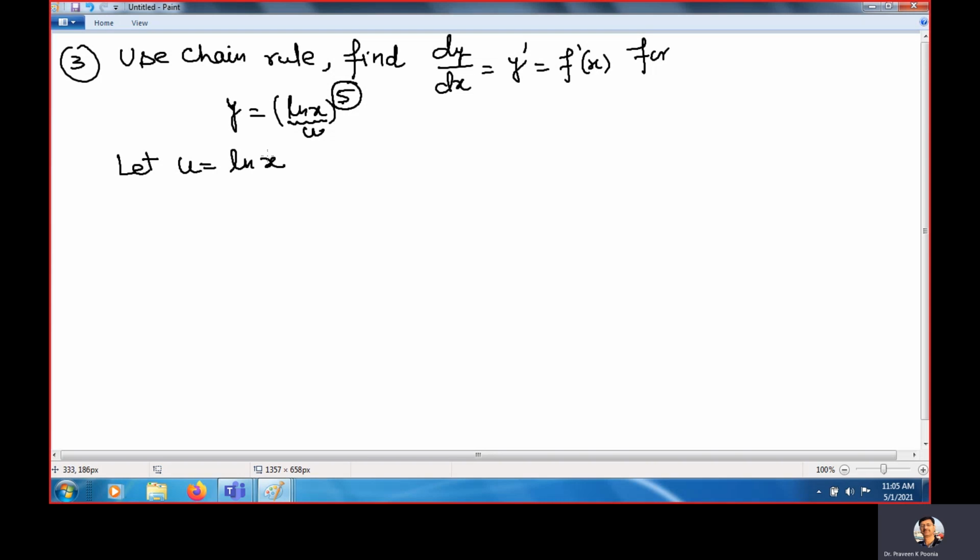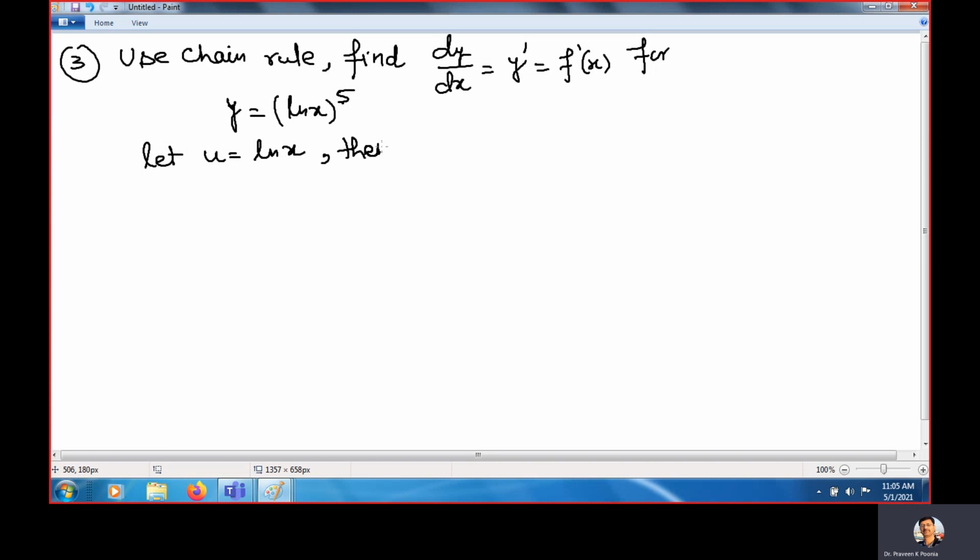Now we are breaking this function. Listen carefully. We are breaking this function (ln x) power 5 into 2 functions. How will we do it? Whatever function is given inside the power, you need to let it be u. Let u is equal to ln x.